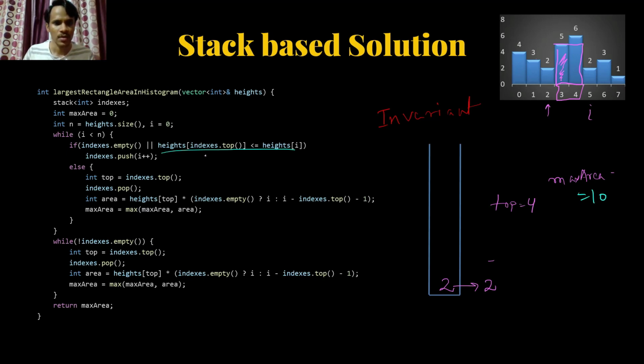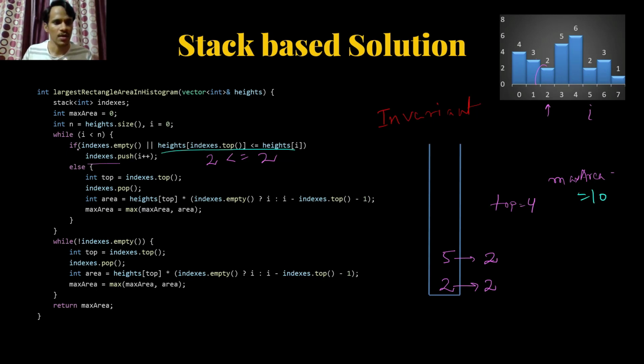So here the top element is currently this one. Okay, so the height of that is 2, which is less than equal to the height of the current element. So this condition is true, so we insert that index here. So index 5, which has height 2, is inserted.